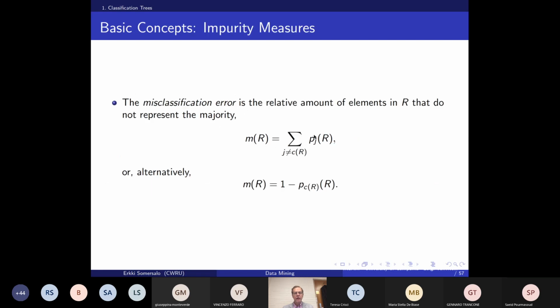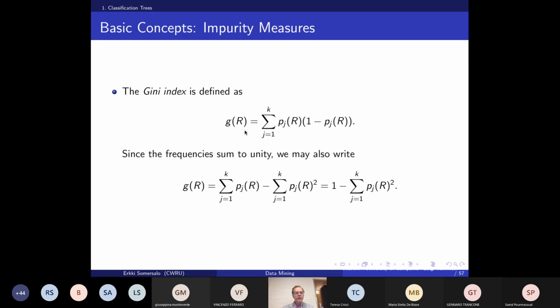You take the heights of the other columns and you sum them up, or equivalently, you say that 1 minus the height of the winning probability is the misclassification error. And so if you have a pure rectangle, so there's only one class of data in it, then this MR is 0. Otherwise, it's something positive.